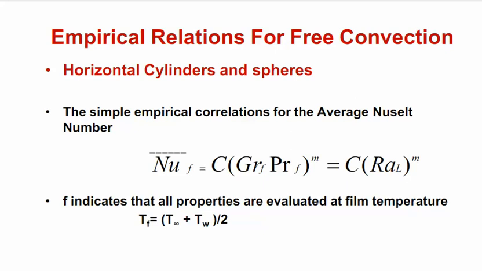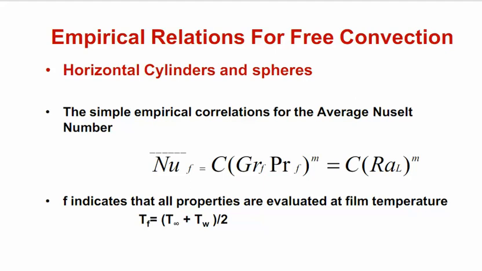For the horizontal cylinder and the sphere, the simple empirical correlation for the average Nusselt number is Nusselt number equal to C (Gr Pr) raised to power m.